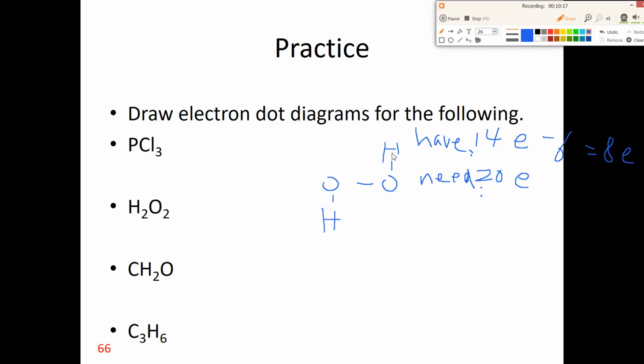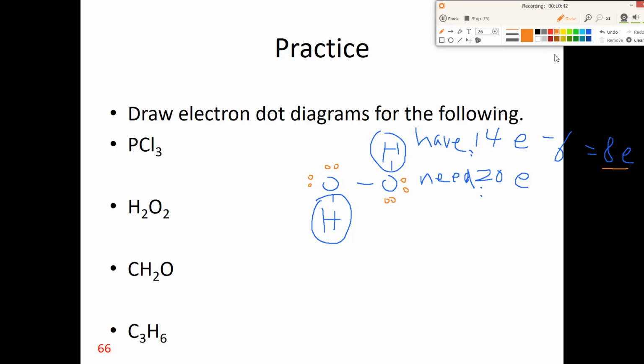Because hydrogen only needs 2 electrons. So this hydrogen already has 2 electrons. So we can put no more on hydrogen, only on oxygen. So all 8 electrons need to be around oxygen. So we put around oxygen: 2, 4, 6, 8. Right?